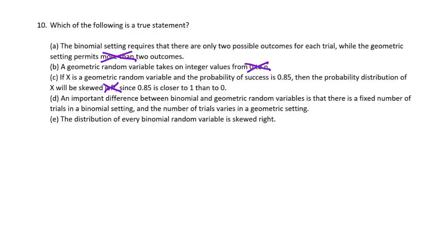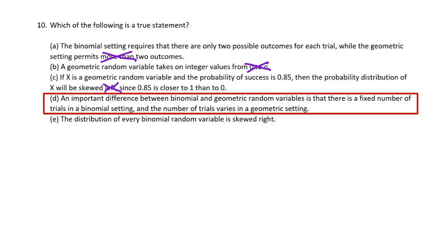An important difference between binomial and geometric random variables is that there's a fixed number of trials in a binomial setting, and the number of trials varies in a geometric setting. Yes, that is true. The distribution of every binomial random variable is skewed right? Not necessarily. If it had said geometric, then that one would be correct also.